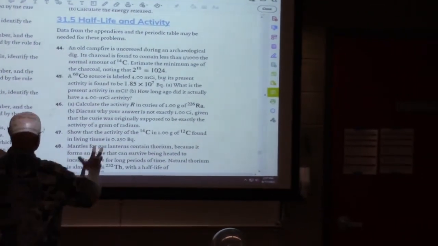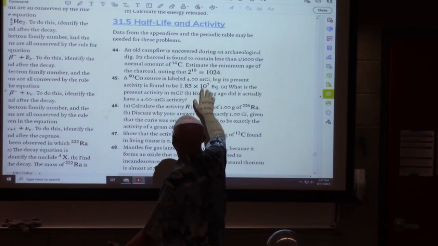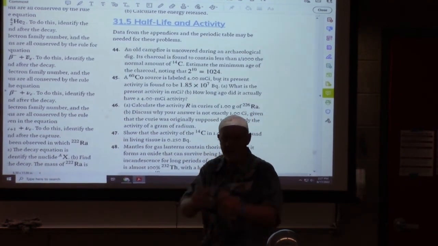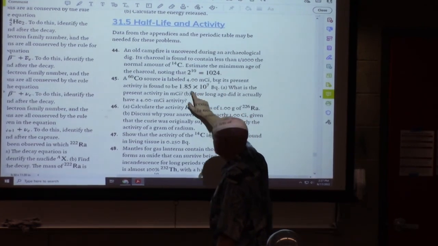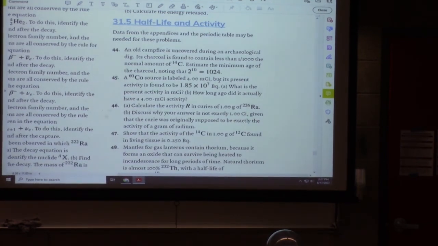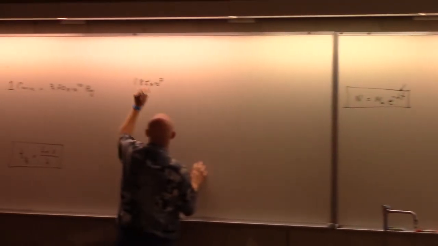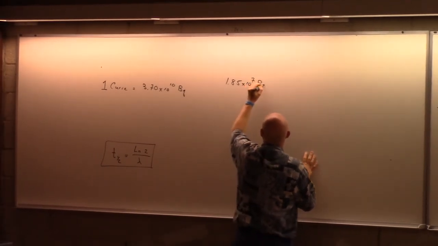Notice that when you bought the source at the local store, it says the radioactivity is 4 millicuries. But it has dropped down to 1.85 times 10 to the 7th becquerel.